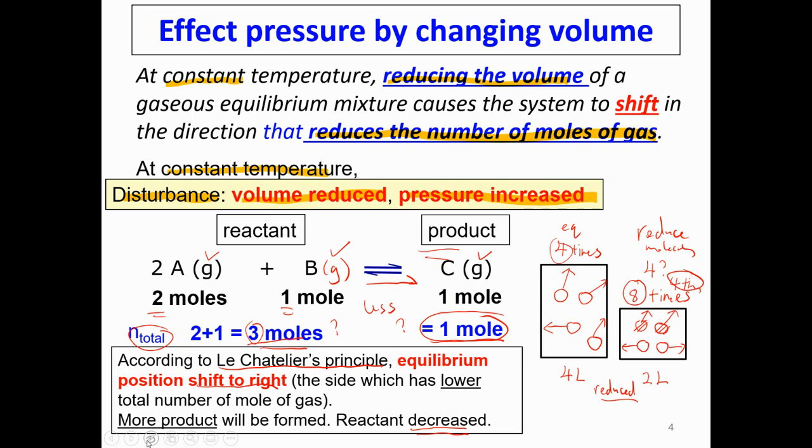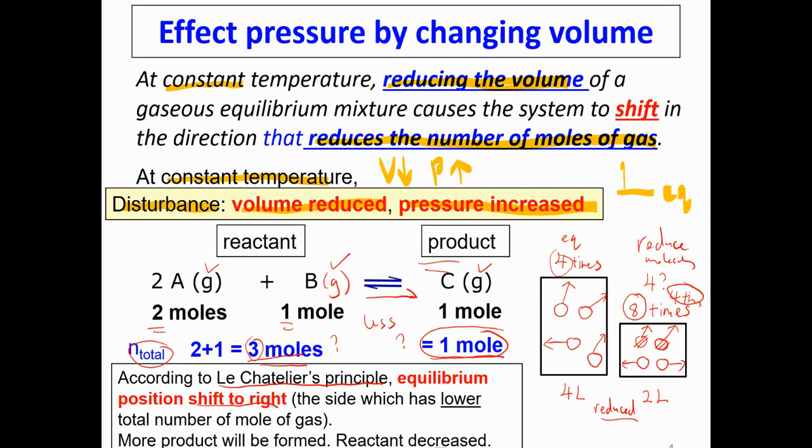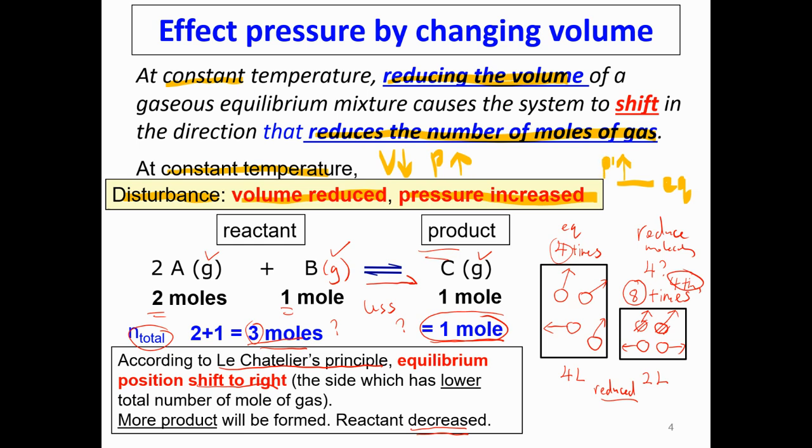So remember, changing the volume is very easy. If we reduce the volume, pressure increases. So we use back the diagram. This is at equilibrium. What happened is pressure increases.